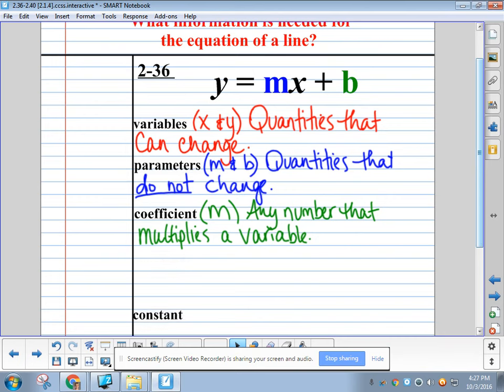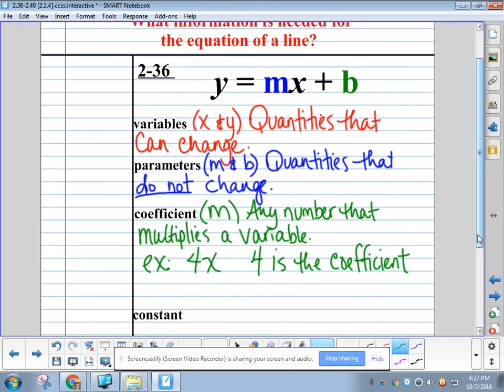So for example, if I have 4x, 4 is the coefficient. If I have negative 1/3 x, negative 1/3 would be the coefficient.